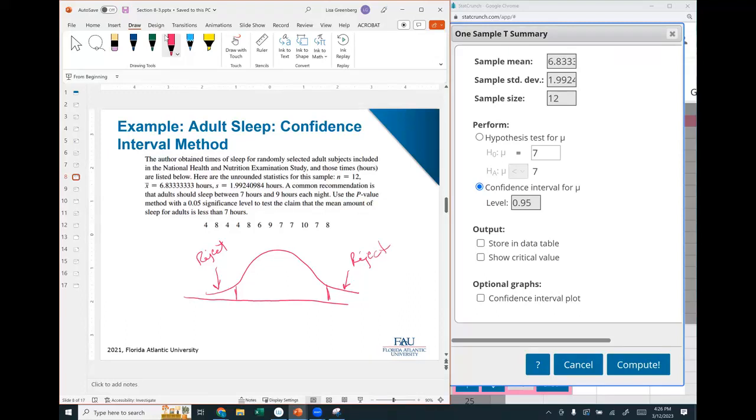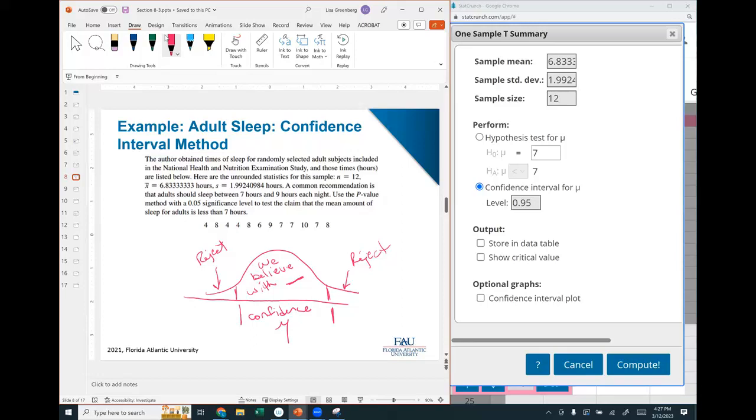And in the middle, we believe with some certain amount of confidence, like 90% confidence, 95% confidence, 99% confidence, right, that our population mean, our mu, the full population, is between here and here.